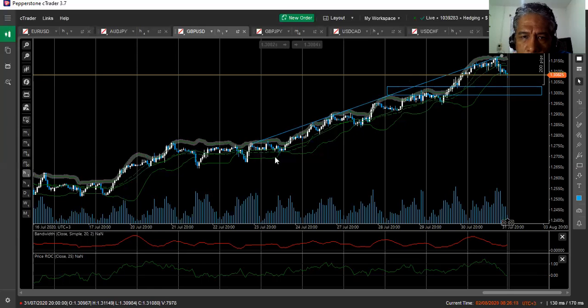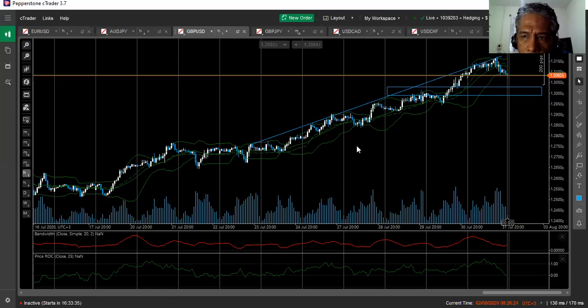See that one? H low 1, low 2, low 3. So this is the first attempt of the bear in a bigger picture, second, and the third attempt.